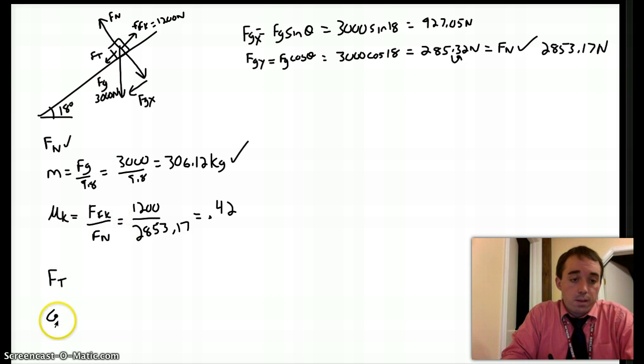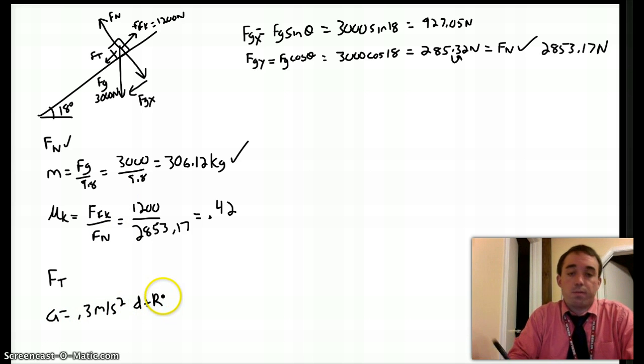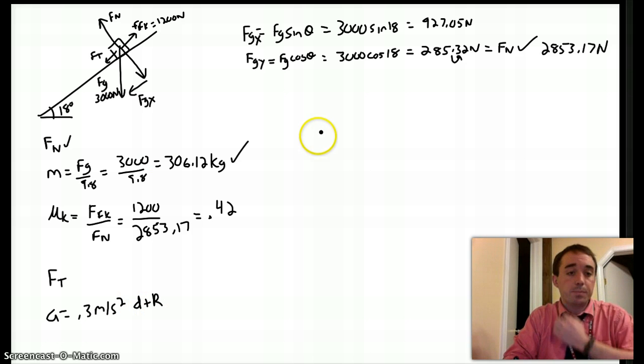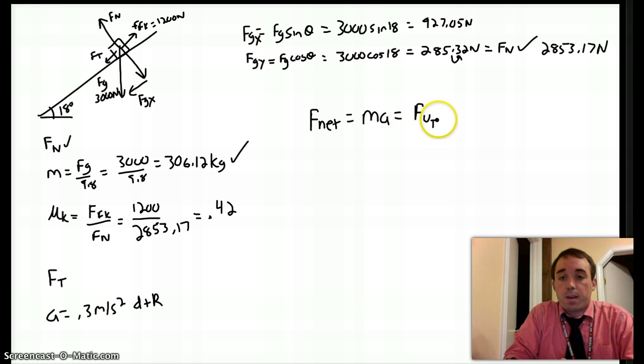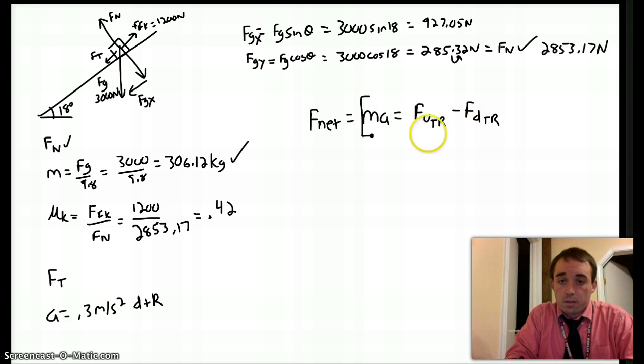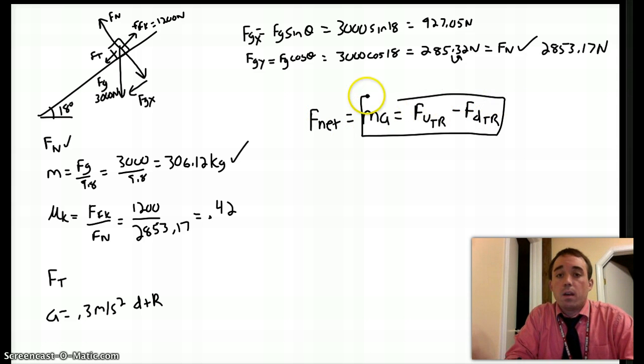We know that the acceleration is 0.3 meters per second squared down the ramp. So we got to set up our good old Fnet equals MA equals force up the ramp, UTR, minus the force down the ramp, DTR, and solve this equation.